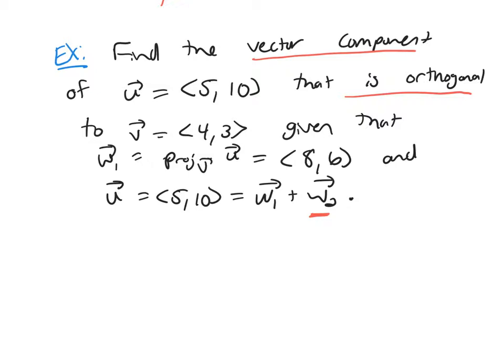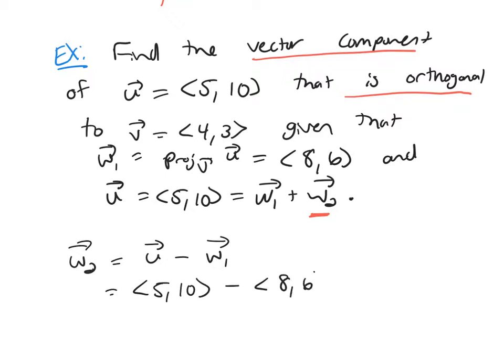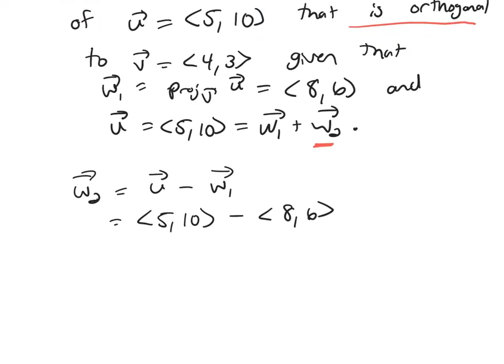So W2, I can find that by taking U and subtracting W1. In this problem, U was the vector 5, 10, and W1 was the vector 8, 6. So I can subtract these two vectors and get negative 3, 4 as my answer here.